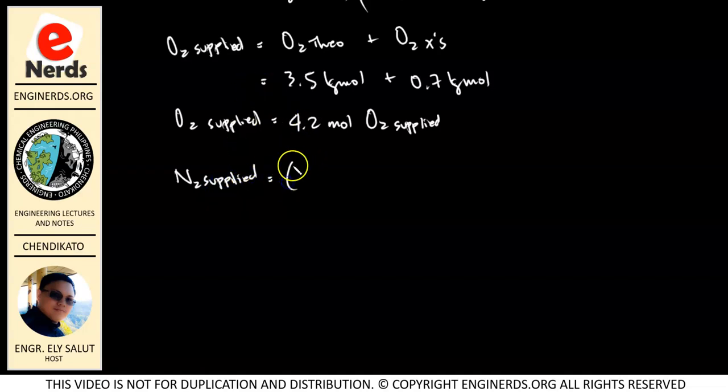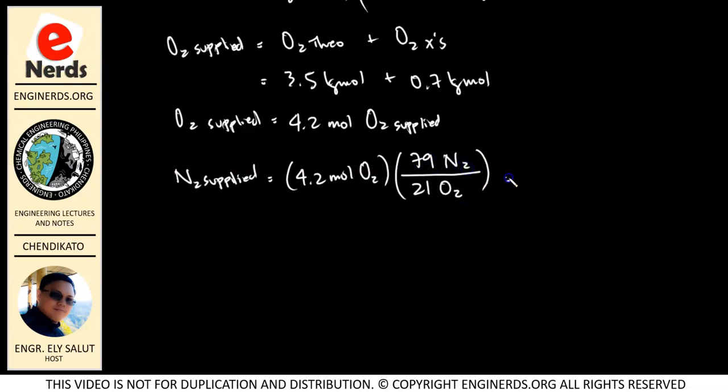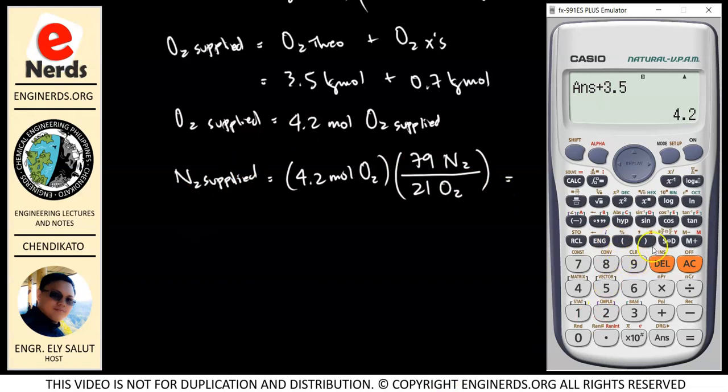So we have the number of moles of our O2 supplied, which is 4.2 moles of O2. Then we're going to multiply that to the mole ratio of our oxygen and nitrogen in air. So for every 21% of O2, we have 79% of N2. So how much N2 do we have in our supplied air?